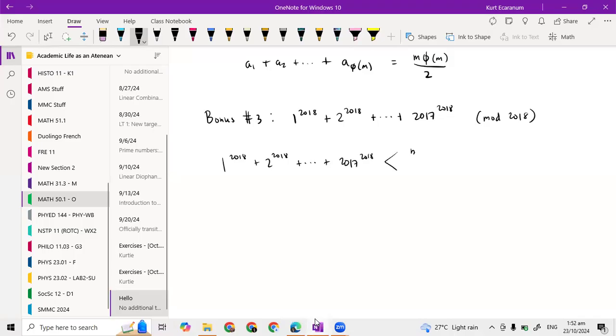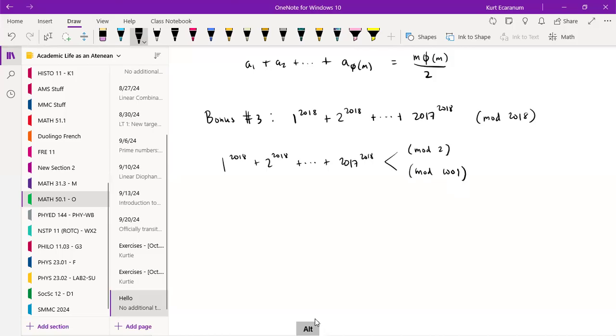So this is modulo 2, and then modulo 1009. So 1009 is prime, alam ko. Yan. Bale, by Euler's theorem, lahat ng terms would be congruent to 1 modulo 1009.